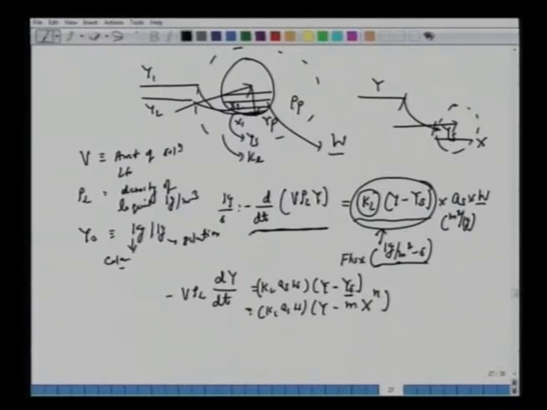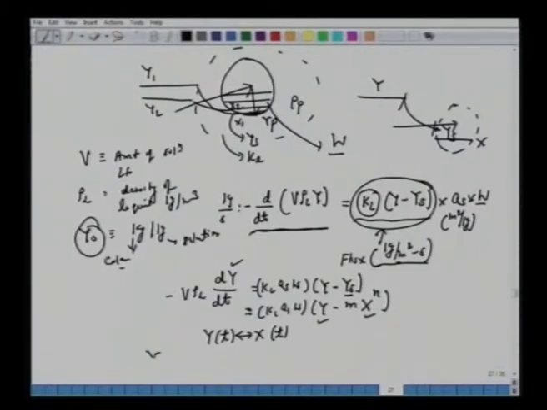Okay. So now we have Y and X. So one equation, but both Y is a function of time and X, the solid phase concentration, is also a function of time. So one has to eliminate this. Now one can also make a total balance at any instance. We start with Y0.